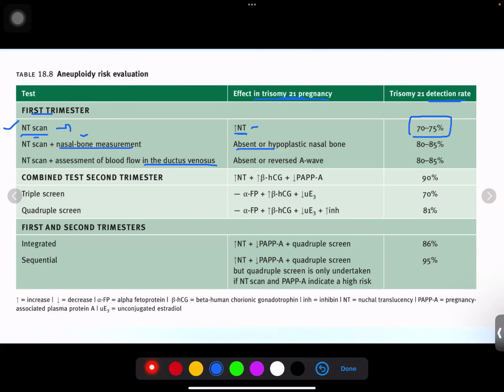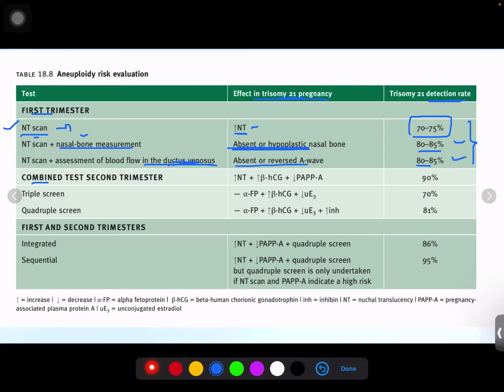If the nasal bone is absent or hypoplastic, it is very much associated with Down syndrome, so the detection rate is increased: 80 to 85% chances that it will be trisomy 21. And if a third thing is added, assessment of blood flow in the ductus venosus, if there is absent or reversed A wave in the ductus venosus, then also the detection rate is 80 to 85%. So ultrasound also can detect 80 to 85% of trisomy.